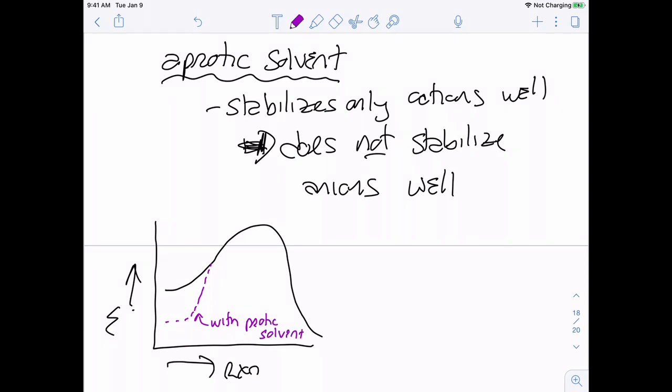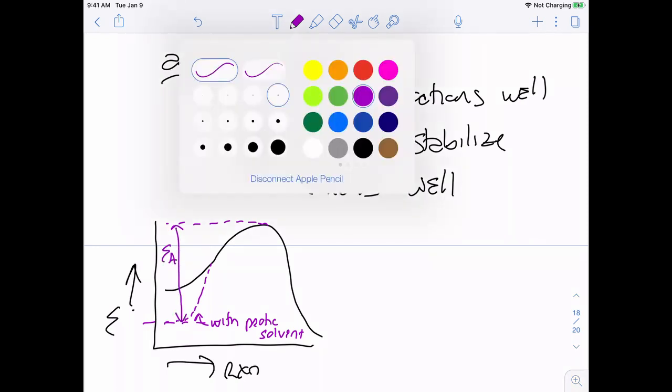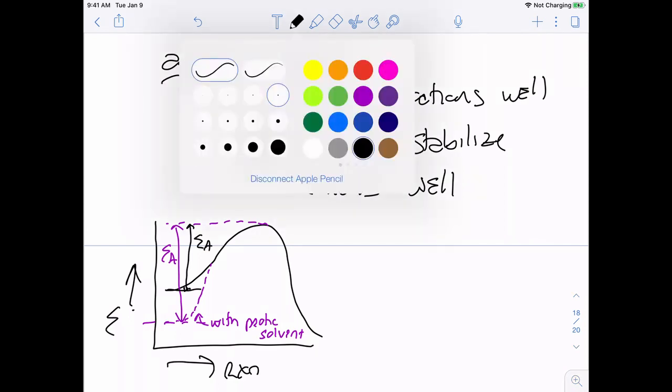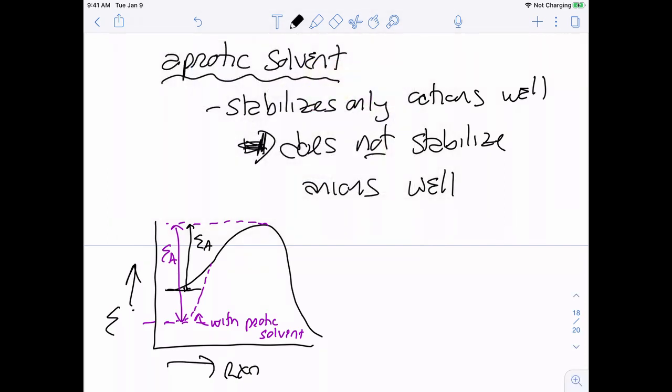Which means if I was to look at my activation energy with that protic solvent, it's bigger than it would have been with an aprotic solvent. That means it's going to slow it down. So it's not even so much that an aprotic solvent is good, it's that a protic solvent is going to slow down the reaction, right?